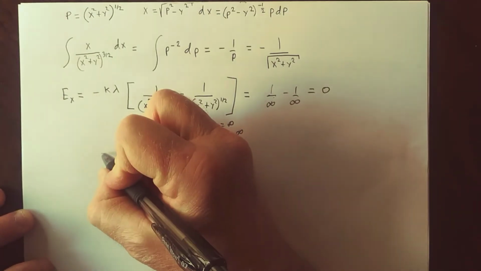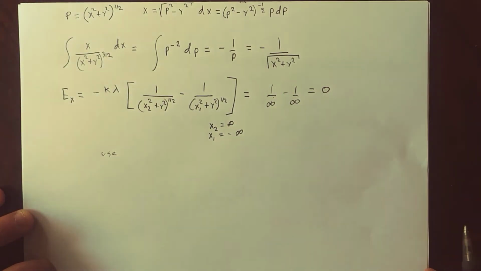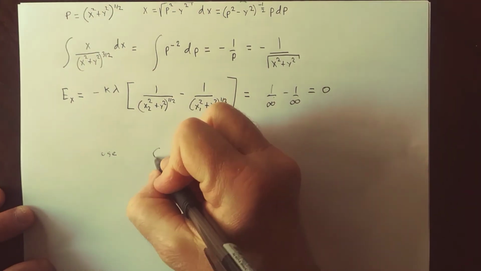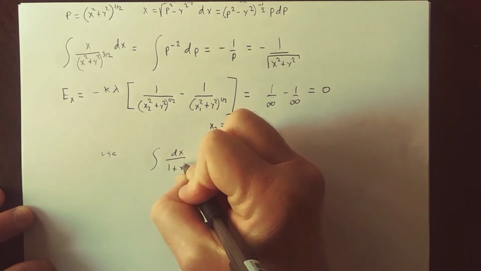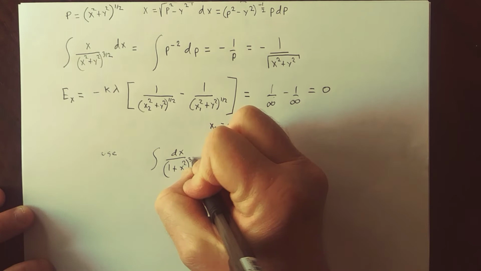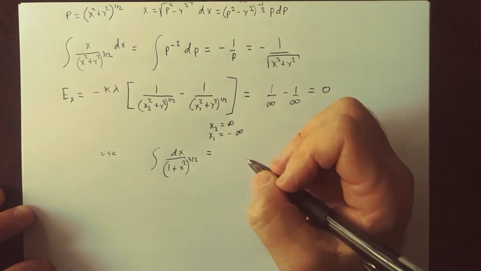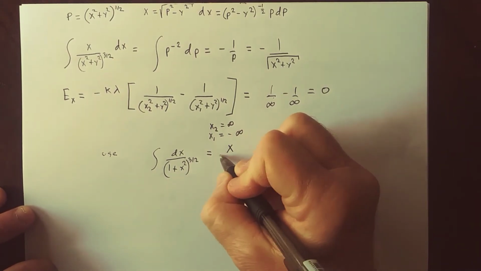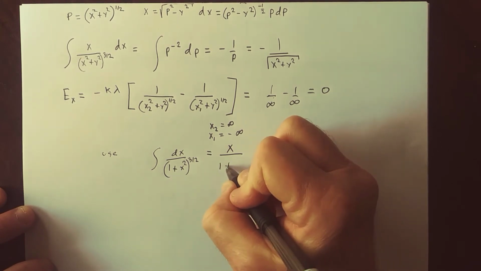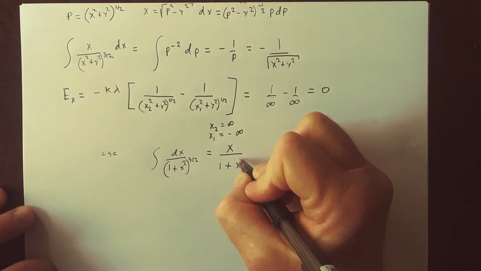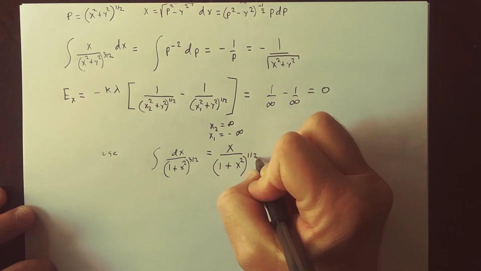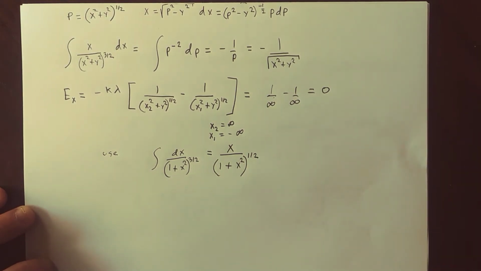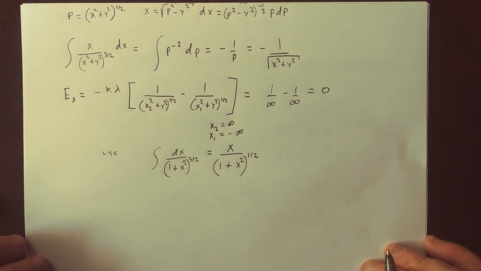And for the y component, we want to use an integral. We have dx over 1 plus x squared to the 3/2. We can use that integral. We have to do some manipulation to get our integral into that form, so it's a lot of work when you're integrating the electric field by brute force. Let's see, what do we get?